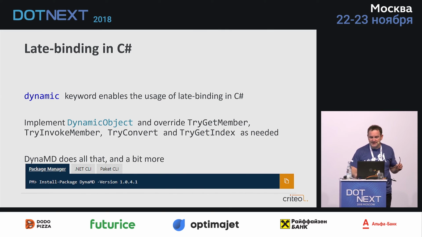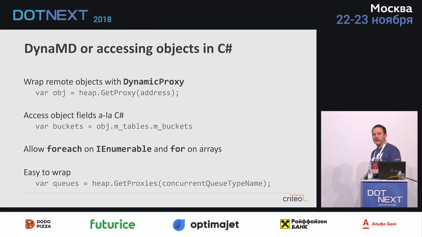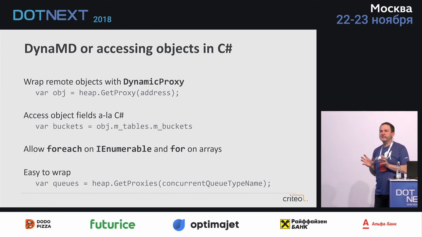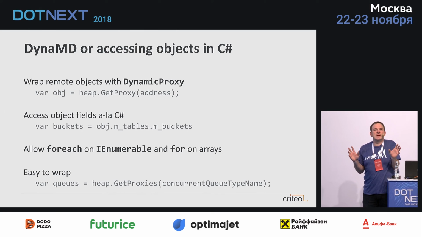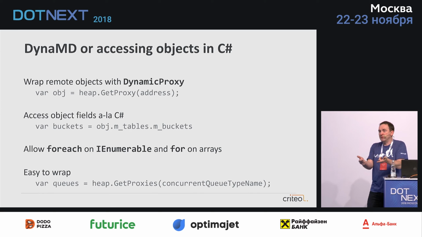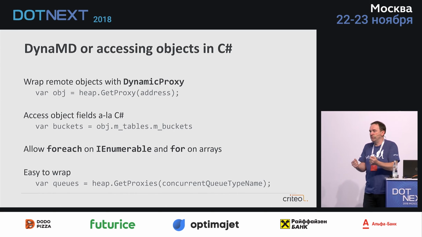So what I'm expecting now is, instead of writing the code that I've shown you, once I get the address, I ask to get a proxy, something that looks like a real object to me, but the responsibility of this proxy is to do all the marshalling for me.